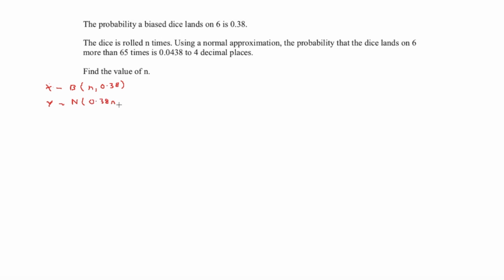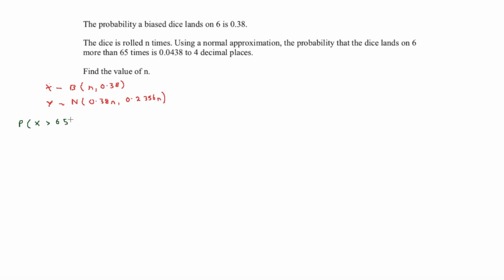And then the variance is got by doing n times 0.38 and then times 0.62. That is equal to 0.2356n. And remember, that's the variance, not the standard deviation. So the next thing we need to look at is what this probability is going to be. So the probability, it says that x is more than 65 times.